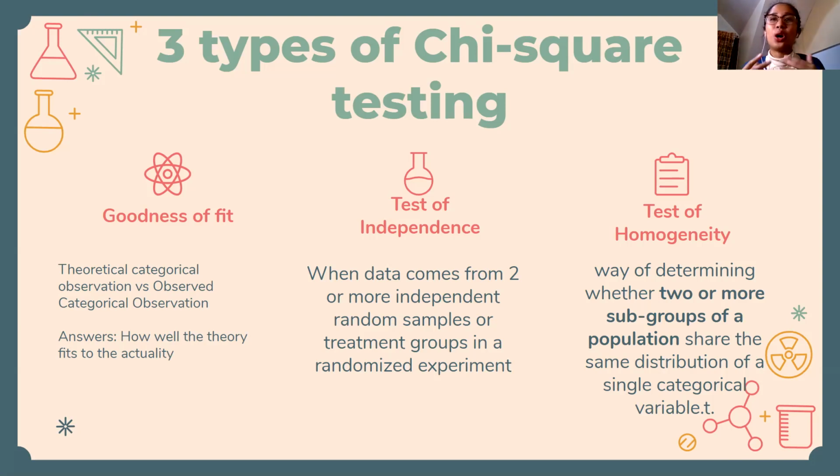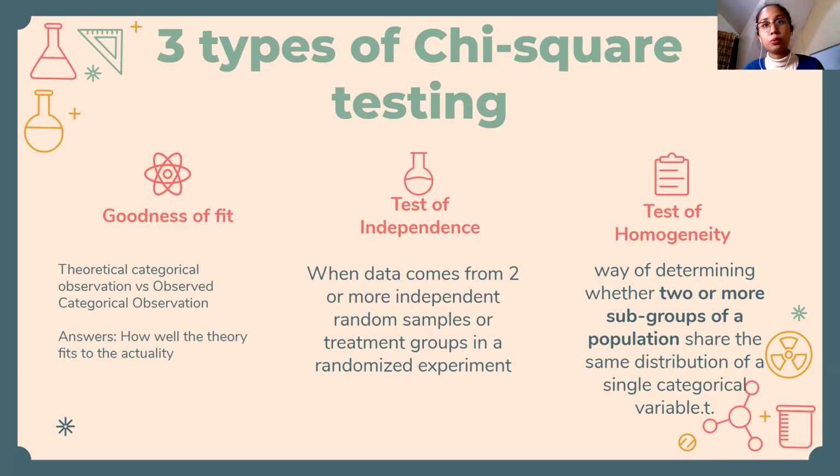Next, test of homogeneity, a way of determining whether 2 or more subgroups of a population share the same distribution of a single categorical variable. Example, ano ba ang nabibigyan natin ng mga subgroups? Example, educational levels, whether you are high school, masterals, PhD, bachelor.